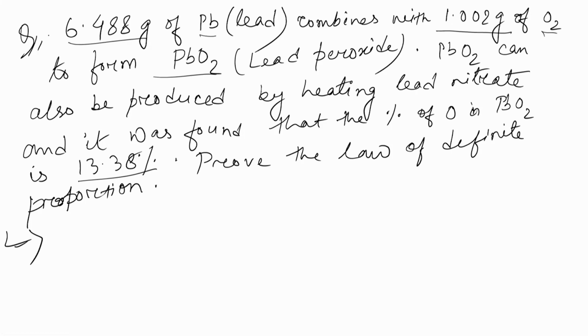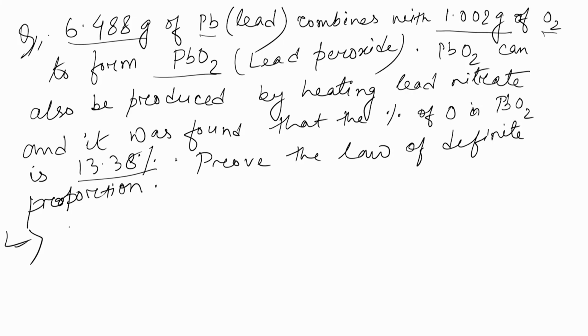Prove the law of definite proportion. Okay. So, when we were preparing lead peroxide by the heating of lead nitrate, then the percentage of oxygen in lead peroxide was found to be this. So, now we have another method where the weights are given. So, let us calculate the percentage composition from these weights.